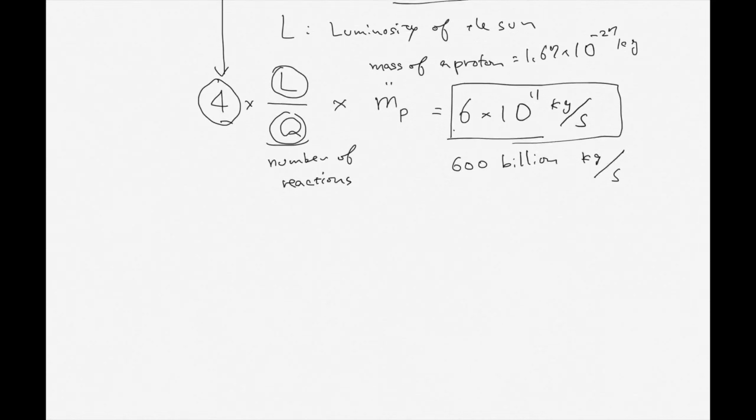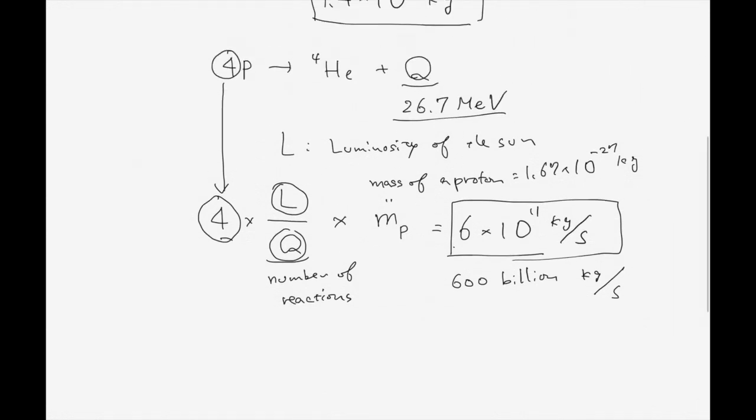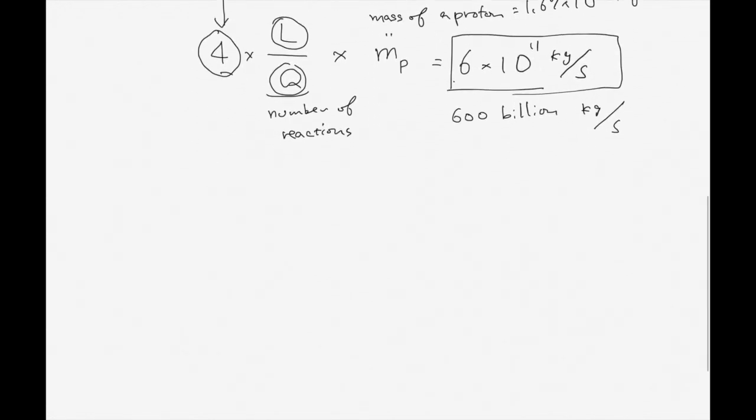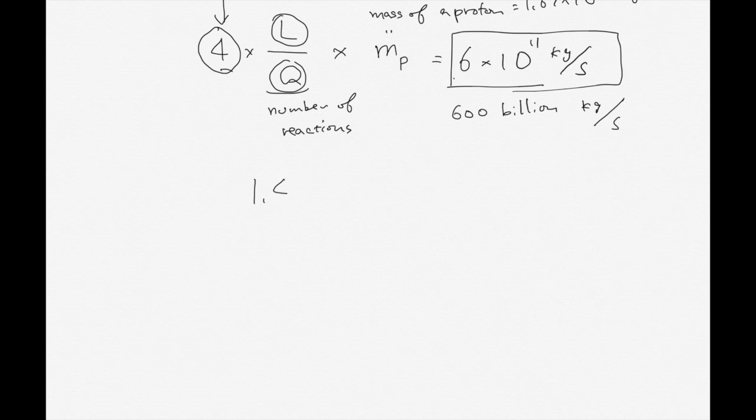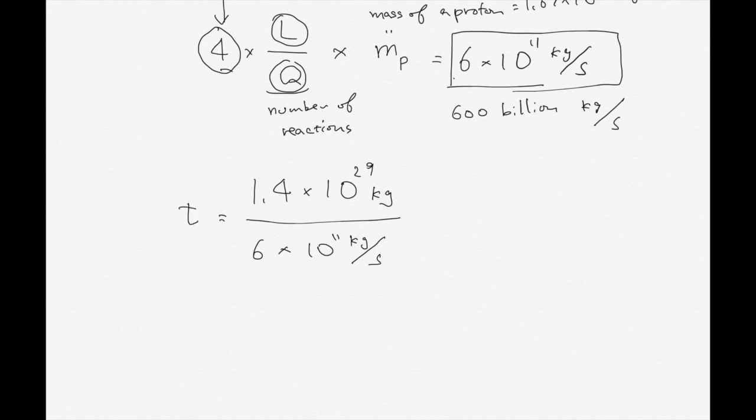Then we can use these two results to estimate how long the sun can shine. The available mass is 1.4 times 10 to the 29 kilograms divided by 6 times 10 to the 11 kilograms per second. So you can find the time.